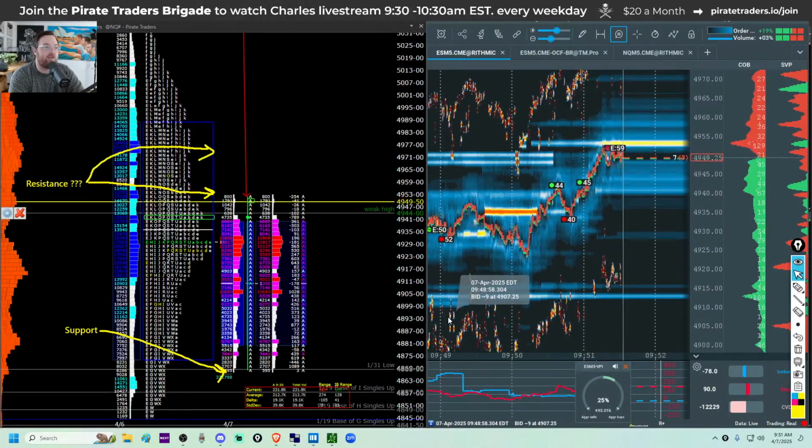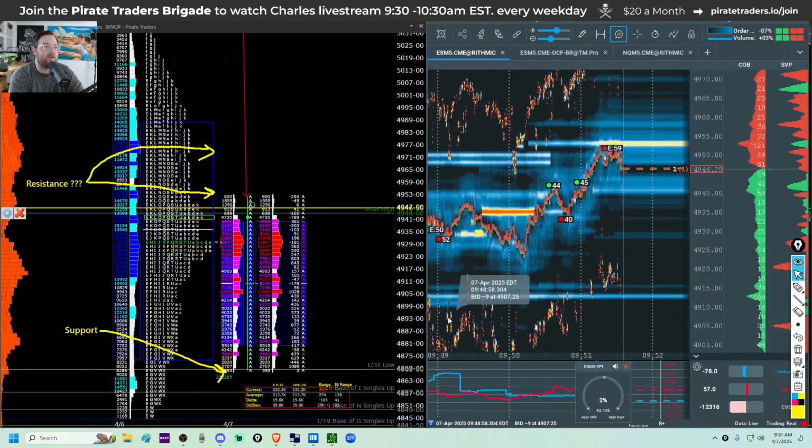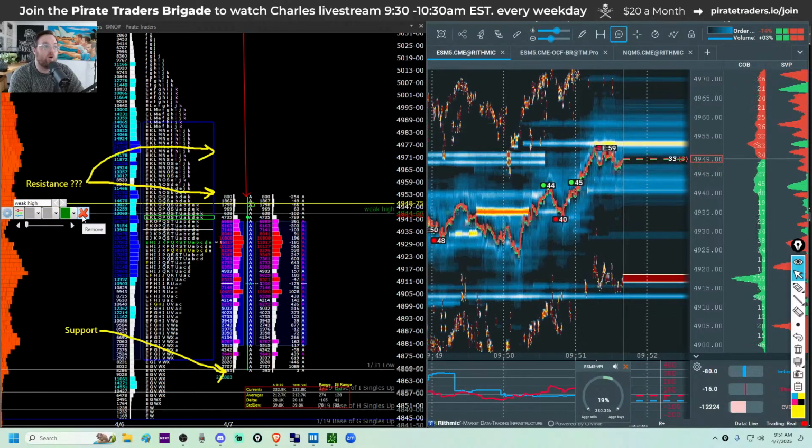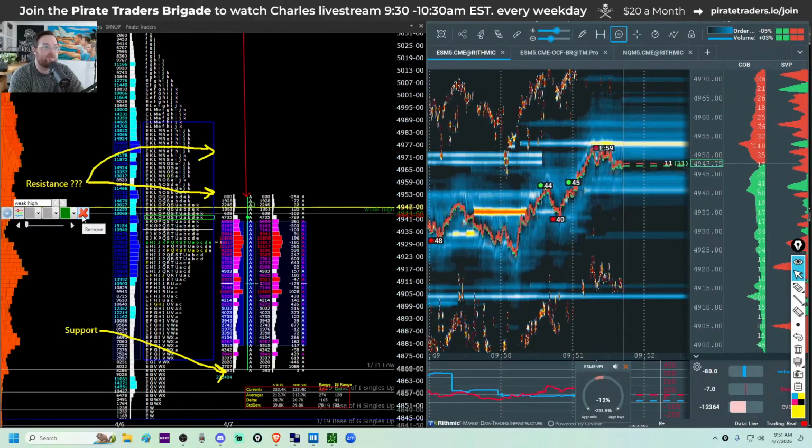Now we're getting to where sellers might step in. Do they come in and smack the market down? Or do buyers step in? Because so far, the only buyers are shorts exiting their shorts.